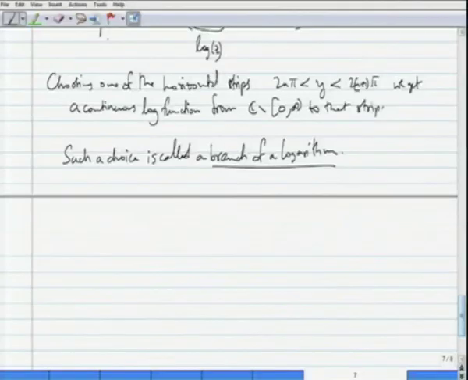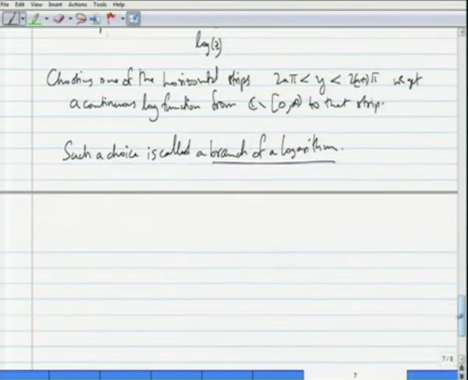And then the second choice is of one of these horizontal strips to construct a continuous logarithm function from the domain, the complex plane minus a half ray. So, that is the idea. And then we will define a branch of a logarithm.